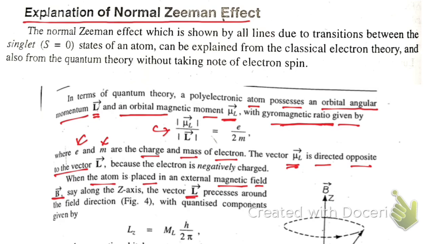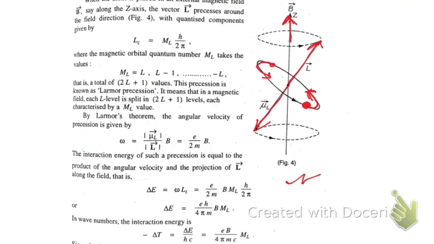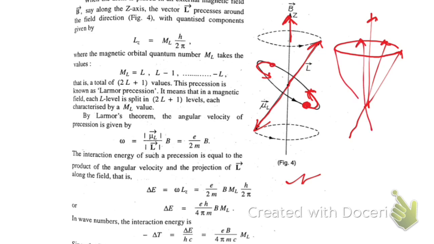The vector L precesses around the field direction, okay? This vector will precess in this way. About the magnetic field it will precess, that means this is the precession, like this, okay? Hope you have understood this.